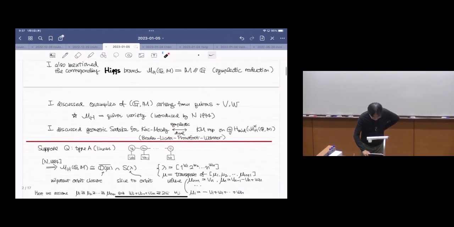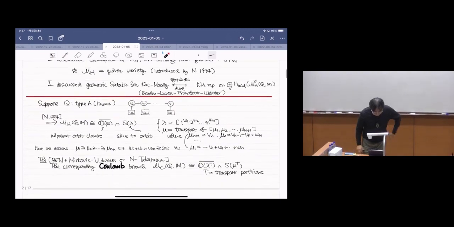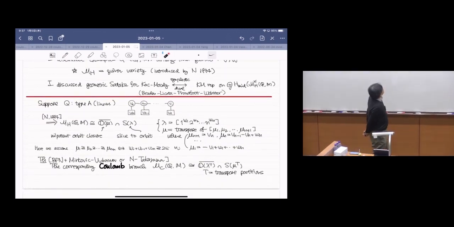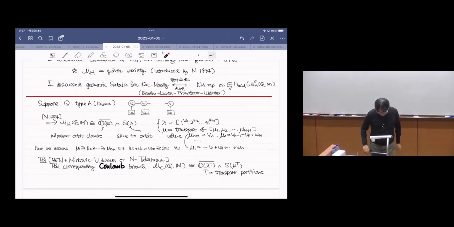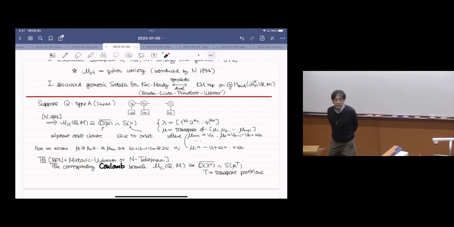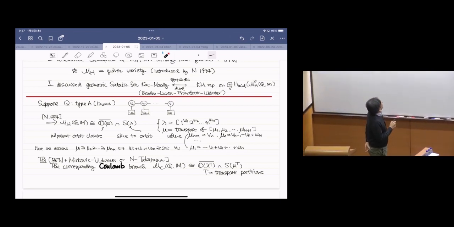This example is somehow related to nilpotent orbits, and because of that, I think this example is very interesting. So I first recall what we know when the quiver is of type A. So I consider this kind of quiver. These numbers are dimensions of vector spaces, graded, so you decompose according to vertices of the quiver.